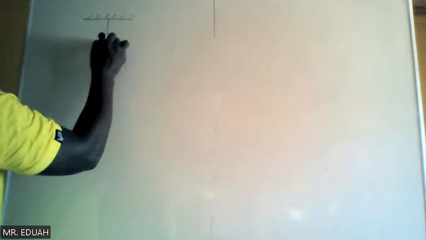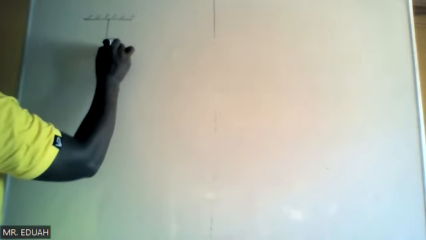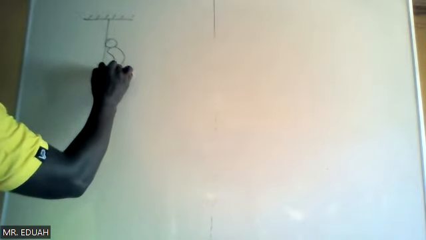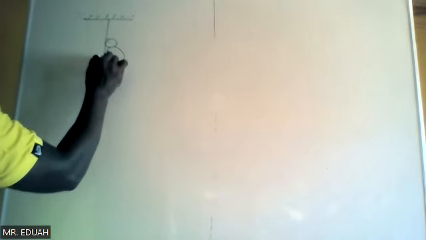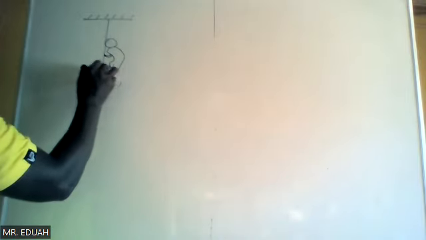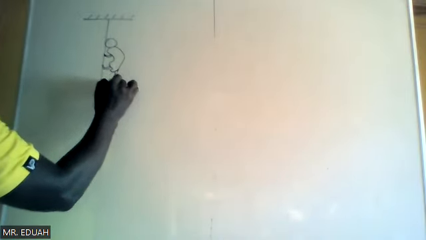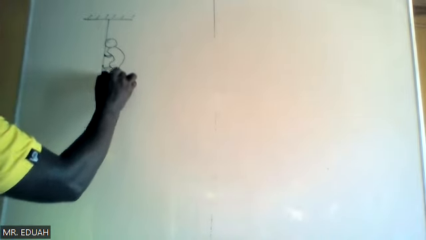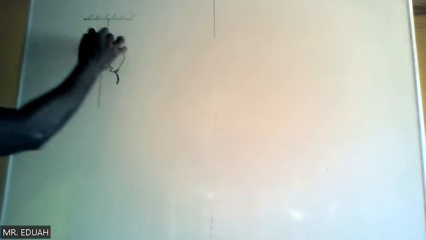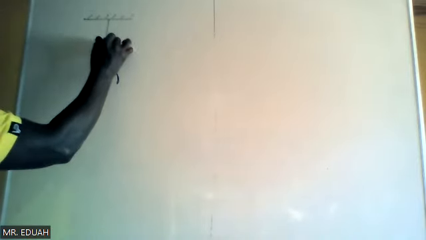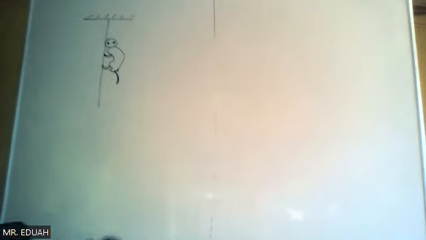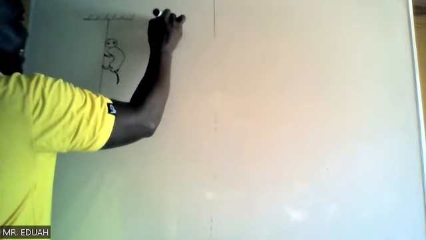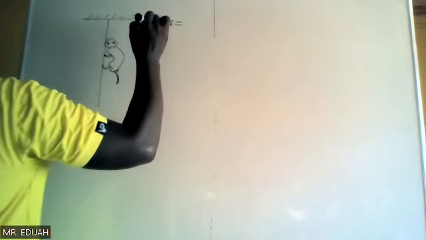Can I even draw a monkey? Whatever. So these are the legs of the monkey. Of course, a monkey has a tail. At least this monkey is beautiful. So the mass of the monkey is 40.